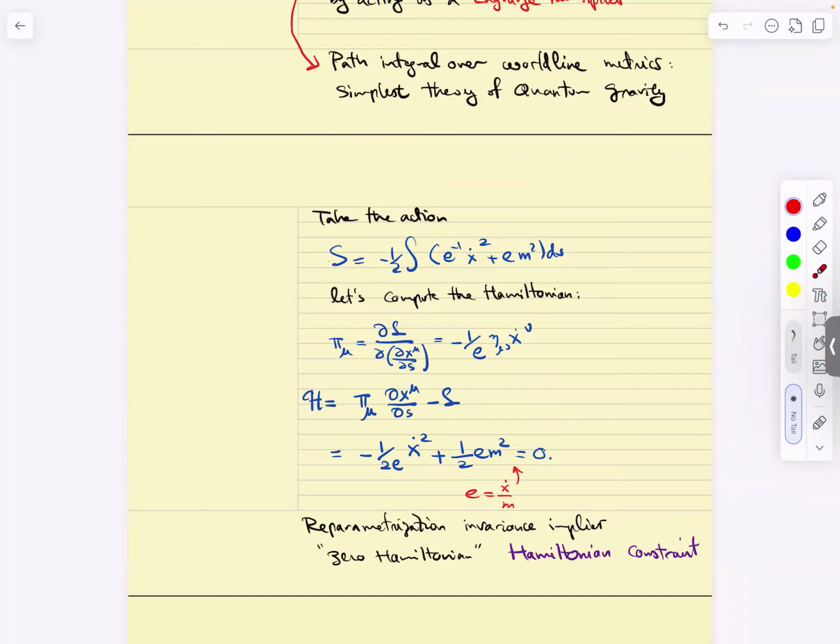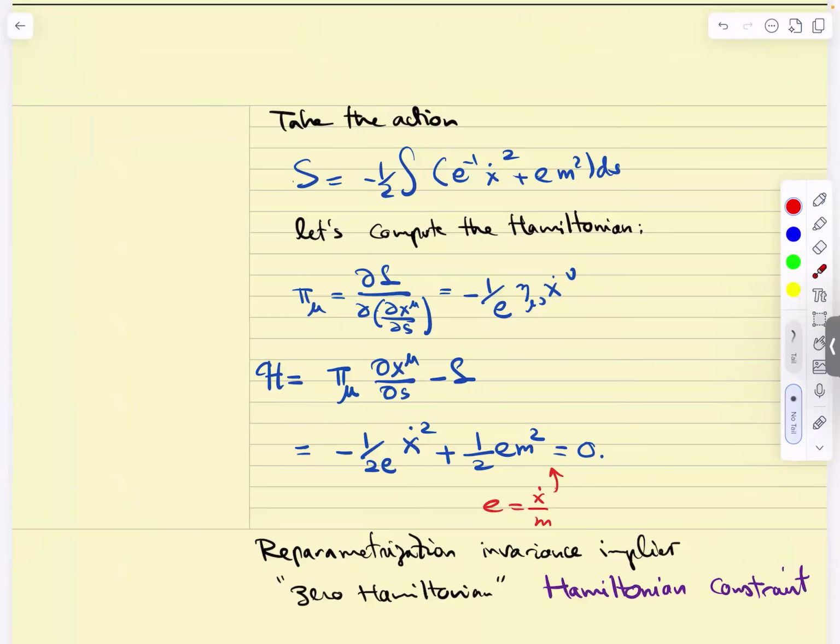Question: can you repeat what you said about the Hamiltonian constraint? Just calculate the Hamiltonian. Once you plug in the condition that E is x dot over m, the equation of motion is 0. But why is the reparameterization really required then?